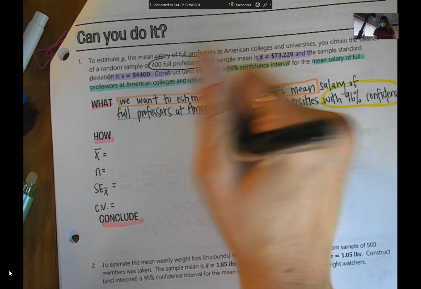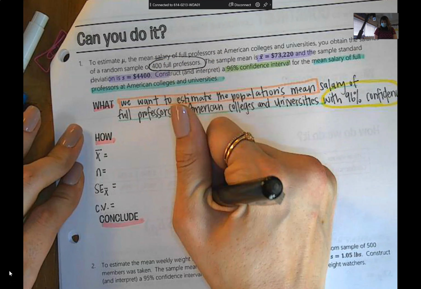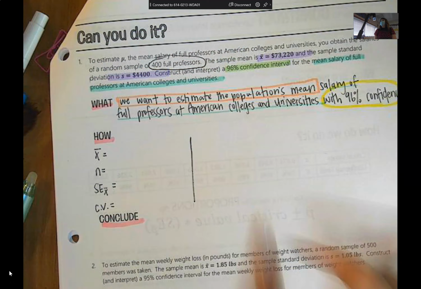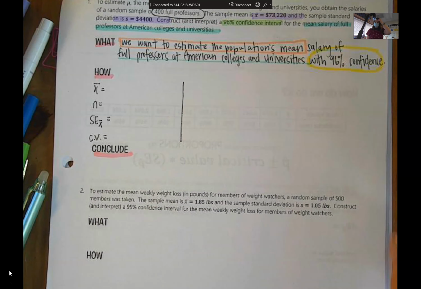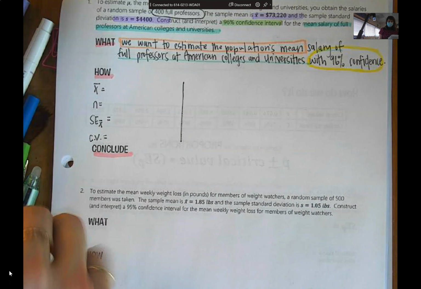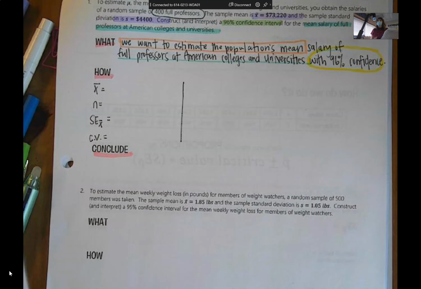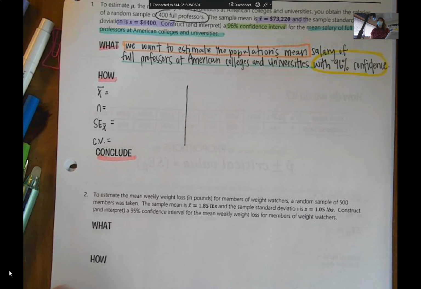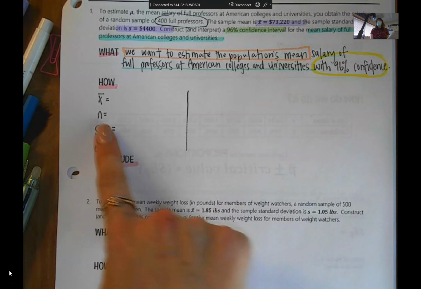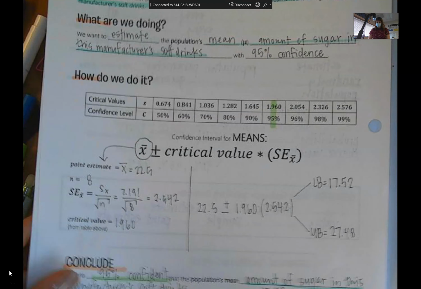Once you find all those, calculate your confidence interval. So I'm going to leave mine up so that you can refer to it if you'd like without having to flip back and forth. So you are trying the how without me.